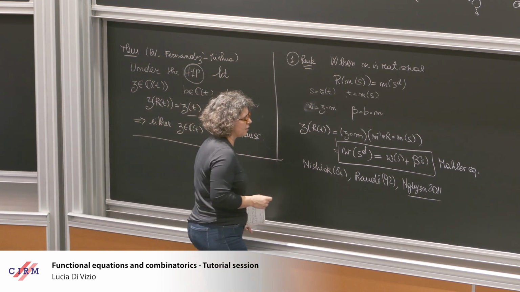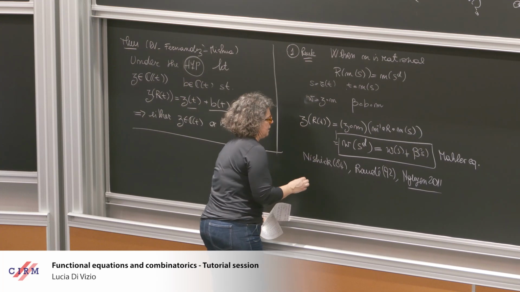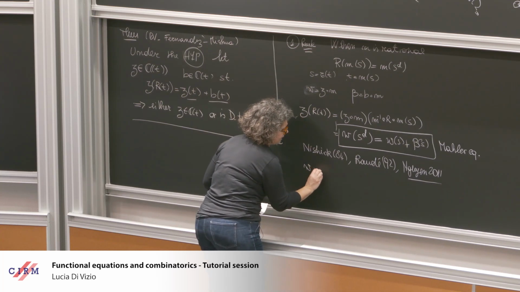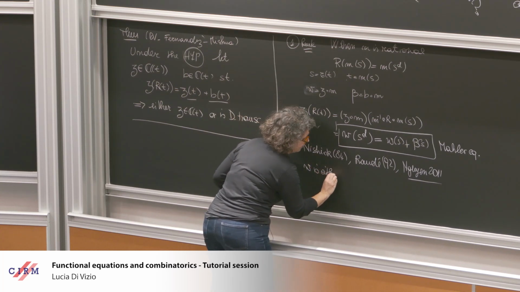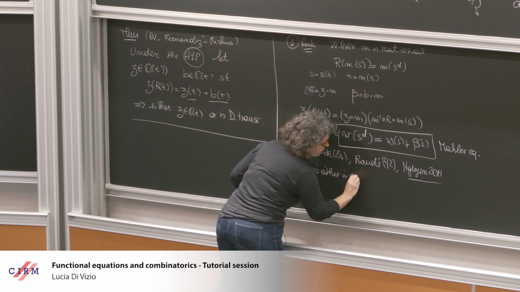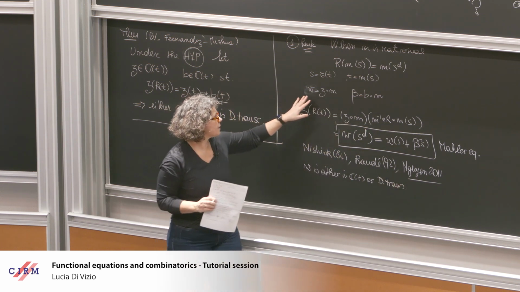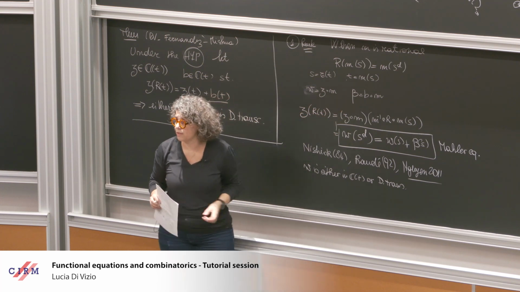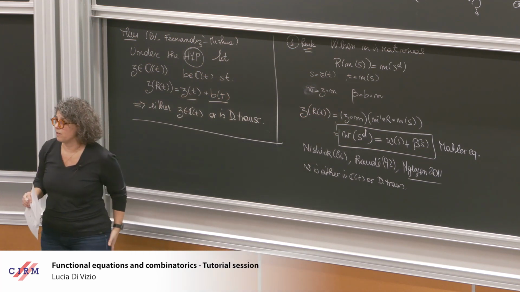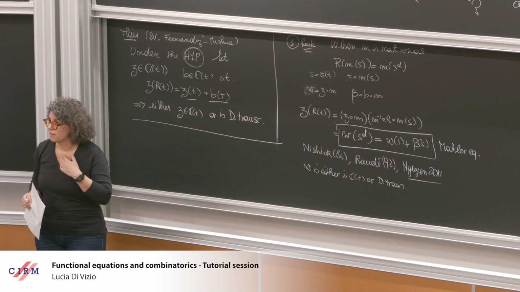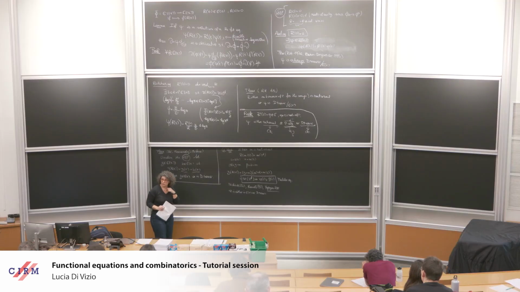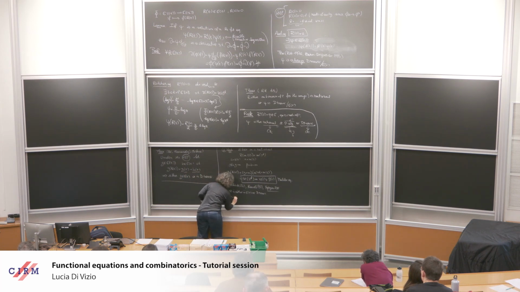And so in this situation, we know that W is either in C of t or D-transcendental. But W is Z composed with a rational function, which doesn't change the nature of Z, so you can deduce the same for Z.